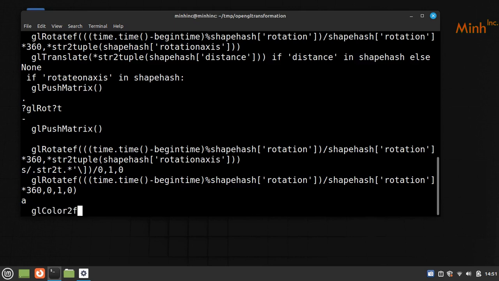GL color 3F, str to tuple shape hash color. Okay, so that is the concept for the color.